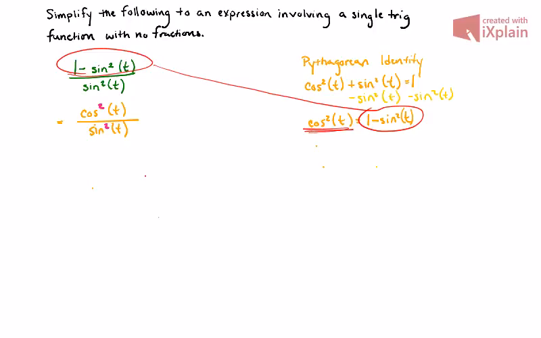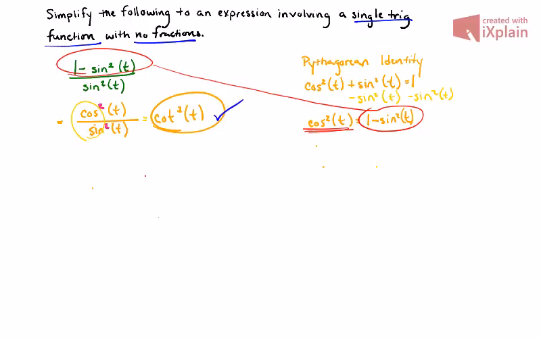But again, the fact that we have this ratio that's happening here tells me that I can redefine this to be the cotangent squared of t. And here is my final answer. Notice that it does satisfy that I want a single trig function with no fractions in it.